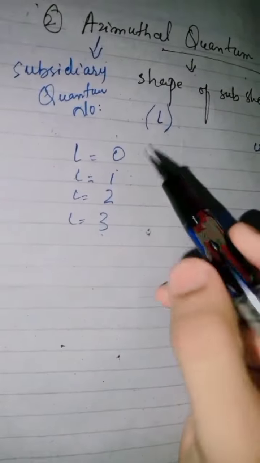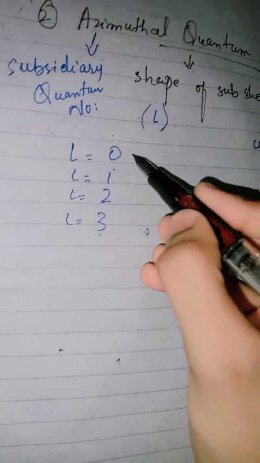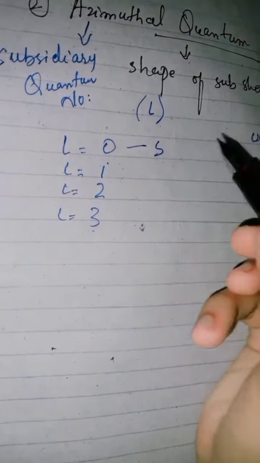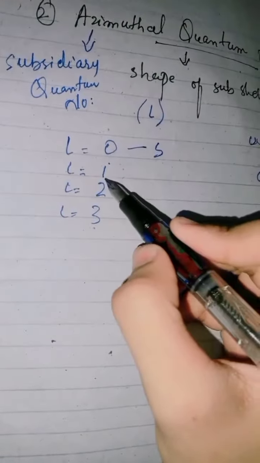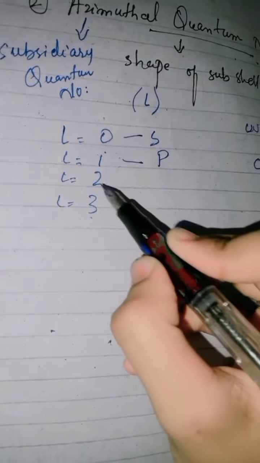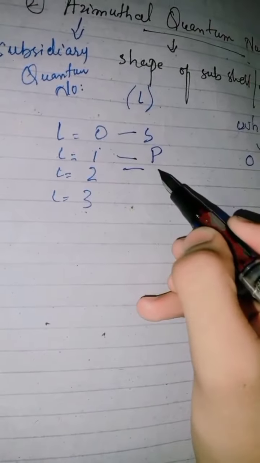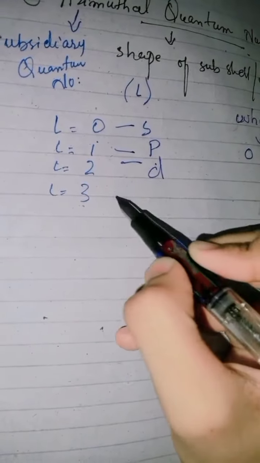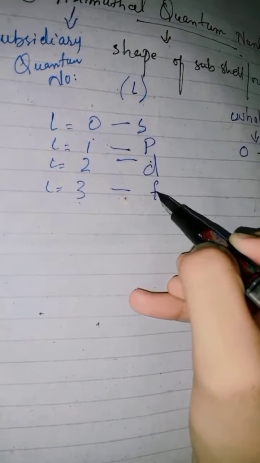The 0 will be the value for the S subshell, 1 will be the value for P subshell, 2 will be the value for D subshell, and 3 will be the value for F subshell.